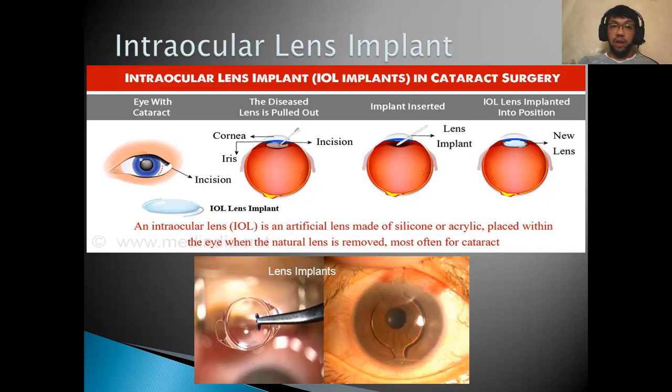As you can see here, they will create an incision on the eye and place an artificial lens on it, suture it again, and allow it to heal within the next few weeks. The IOL is an artificial lens made of silicone or acrylic placed within the eye when the natural lens of the eye is removed. It's most often used for cataract patients.